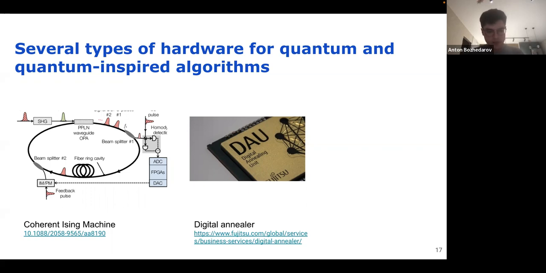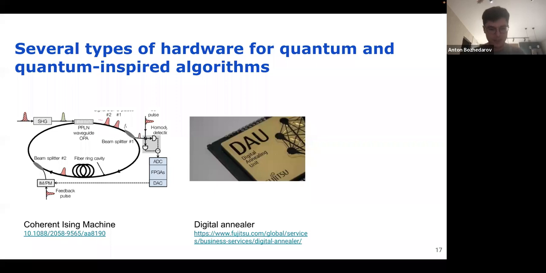Such an optical device could solve the Ising model with approximately 100,000 spins. It finds an optimal solution in about 5 or 10 minutes. So it's a really cool device.